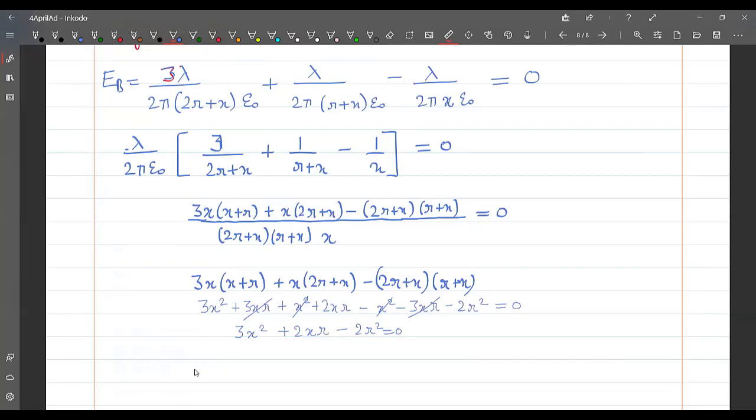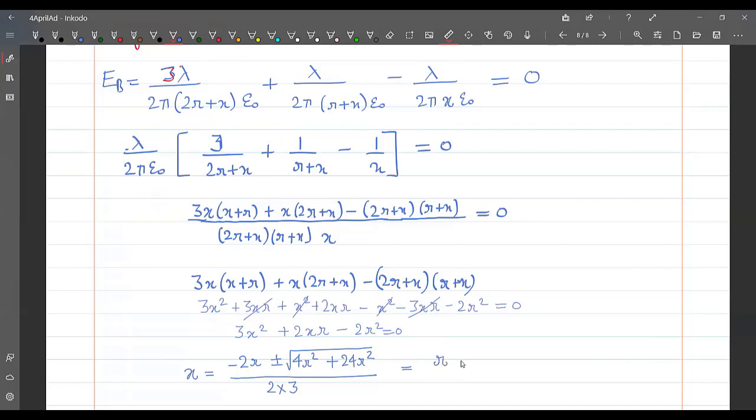To solve for x, it will be minus b plus minus root of b square. B square will be 4r squared, plus 4ac because of the minus sign, so plus 4 into 3, 12, which gives 24 r squared, divided by twice a. 24 and 4 make 28.